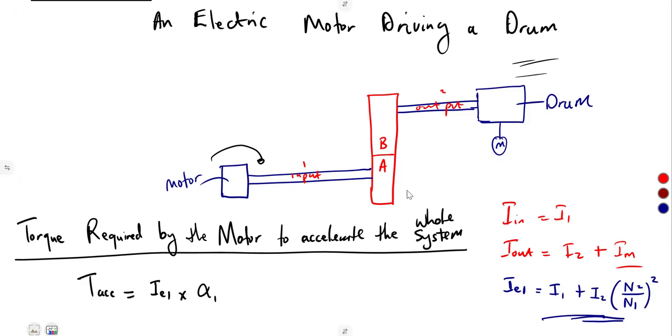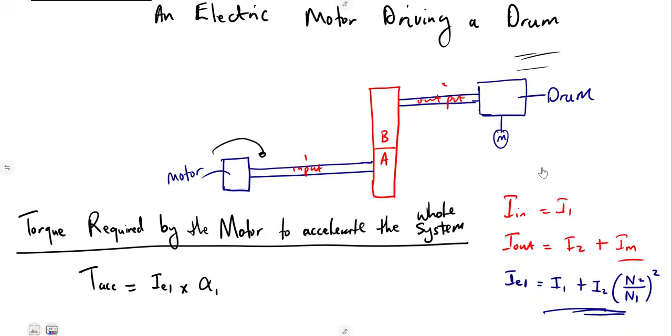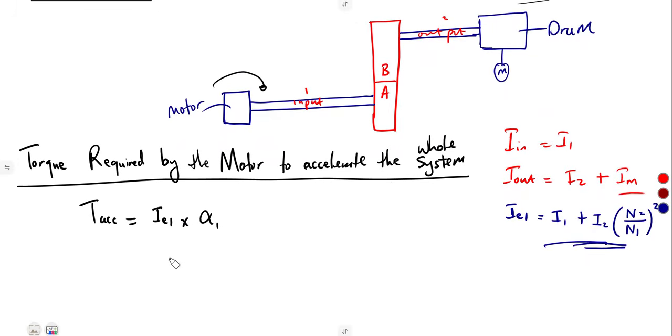Let's say you have the torque in the input and also in the output. It also follows that it can be used to calculate the torque required by the motor to accelerate the whole system. So you're going to use the formula T_in, the input torque, plus the output torque over the gear ratio. It's another formula that can be used provided with the information that you are given.